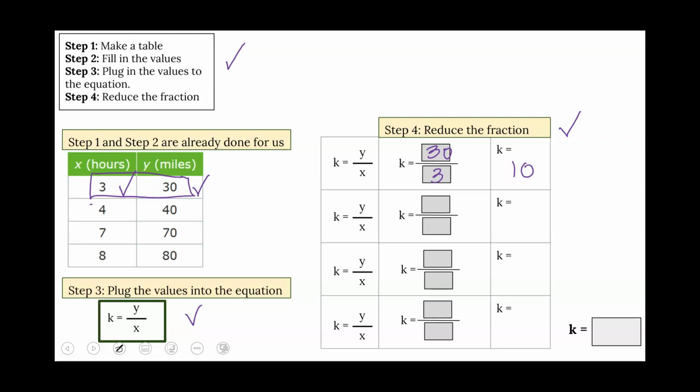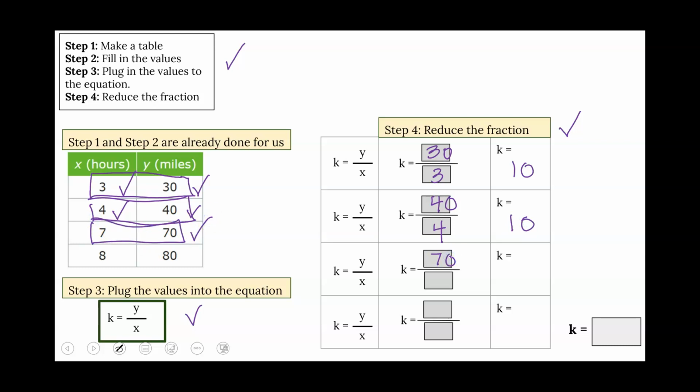Next one, I'm going to do the Y first, which is 40, and then the X, which is 4, and I'm going to divide 40 divided by 4, which is 10. The next one is 70.